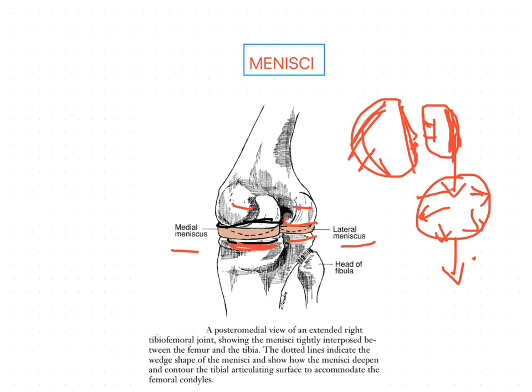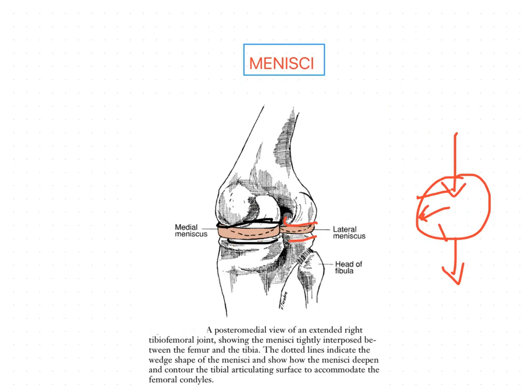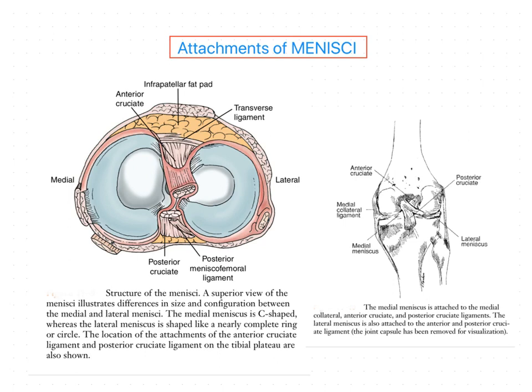For instance, with a greater degree of genu varum, greater compression on the medial meniscus is seen. This is some of the weight transmission, or compressive forces, transmitted through the medial as well as the lateral meniscus. Now we will move on to the attachments of the menisci.